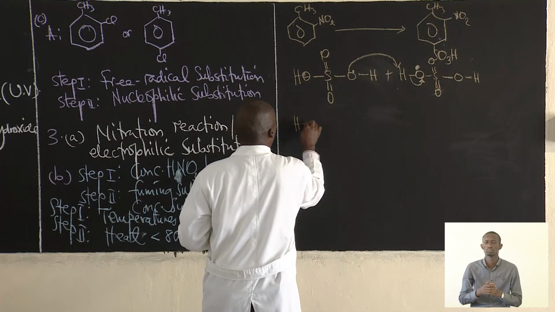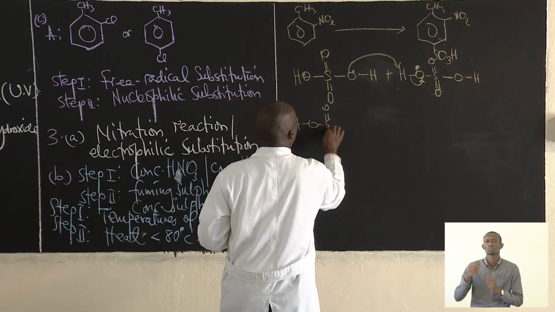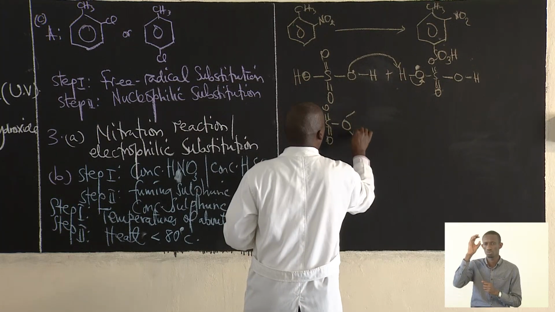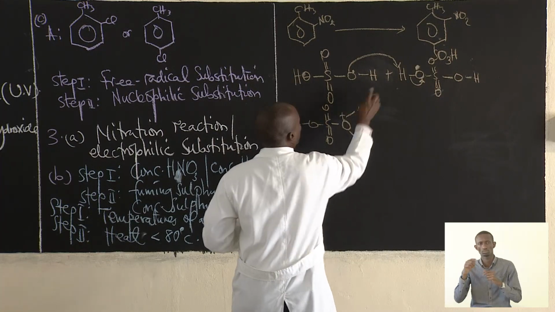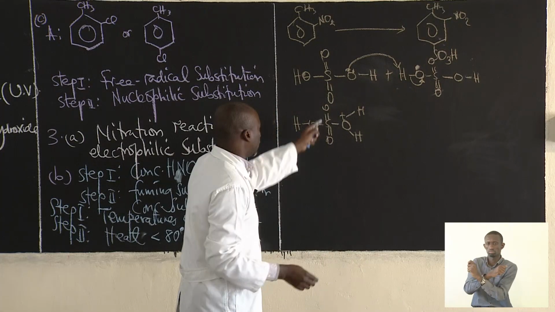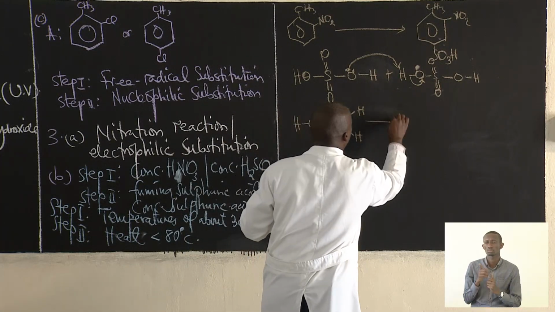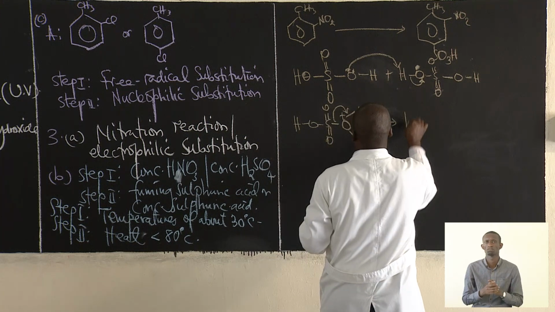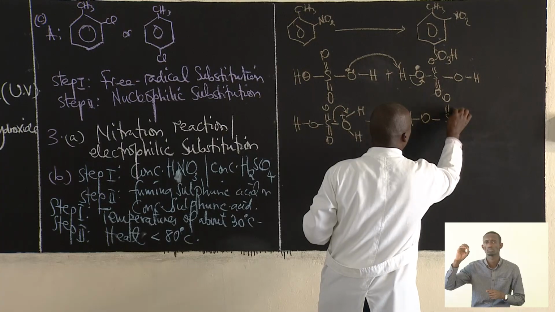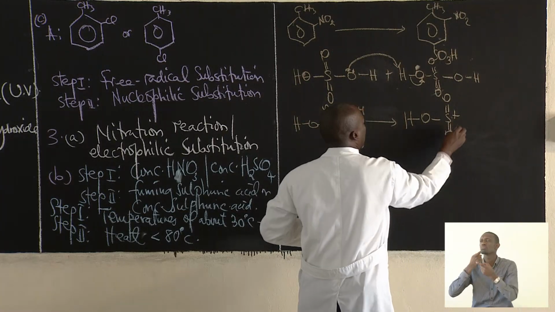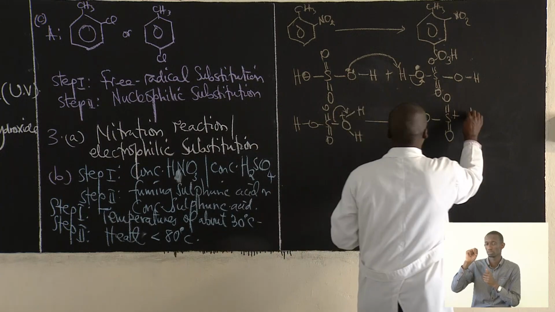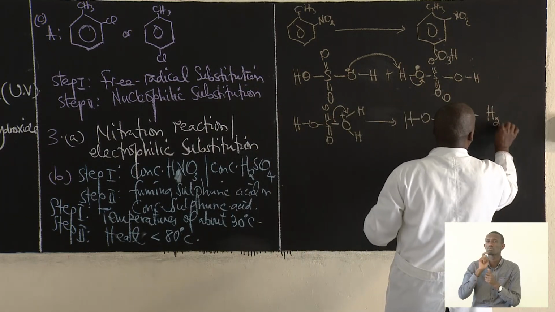So you have HOSO2 with the oxygen with the hydrogen atoms. This one has been protonated here, so water is removed. This one moves away, and then you remain with HOSO2 with a positive charge, and this is the electrophile, so the water is eliminated.